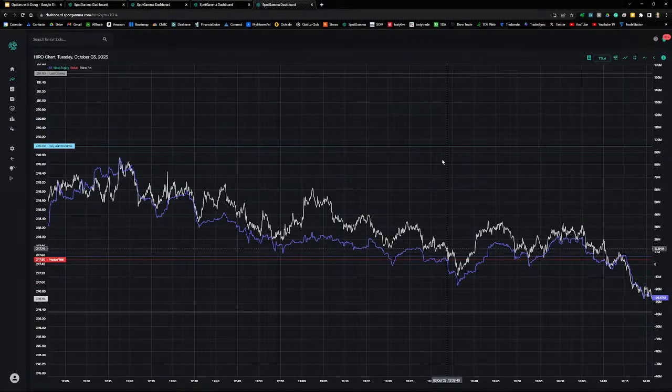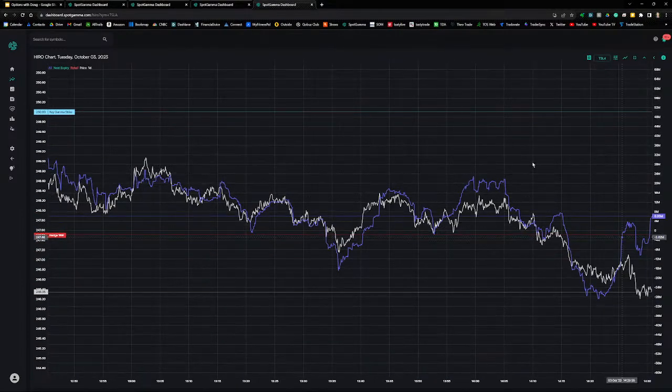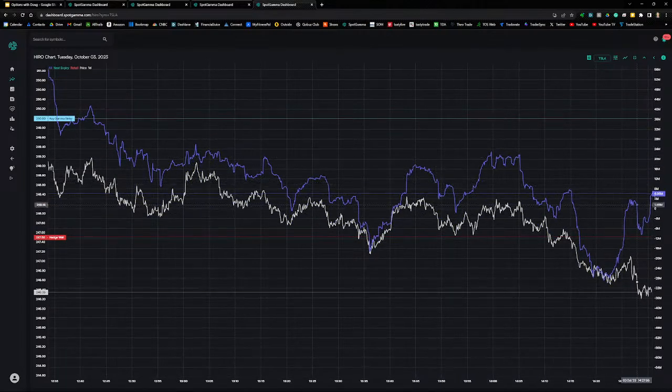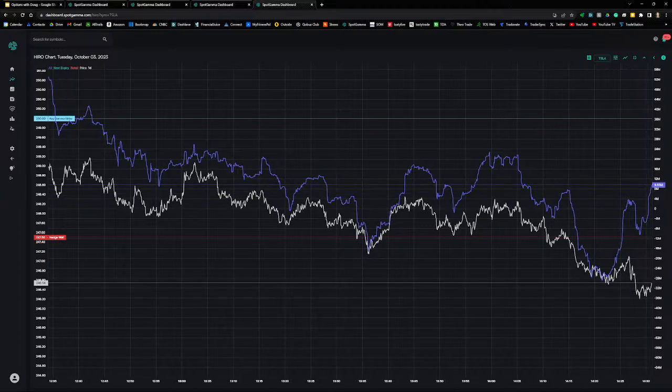Zoom in on this. So potential divergence set up in Tesla, as traders are taking positive delta positions. Let's go take a look at Bookmap.